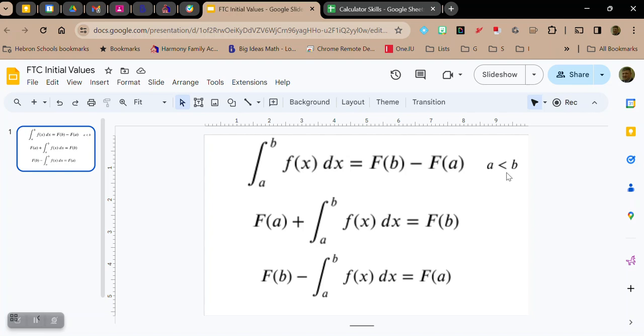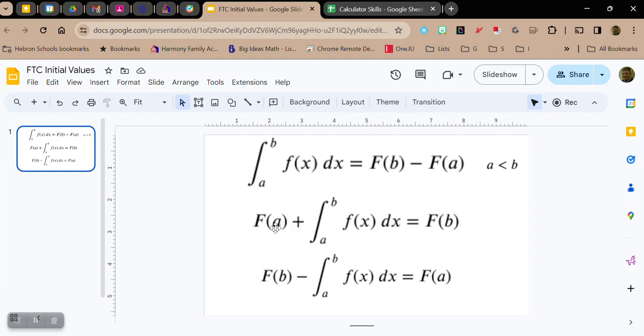And the way that this relates to initial value problems is, for an initial value problem, you're typically going to be asked to use the value at the beginning of an interval to calculate the value of a function at the end of an interval using the integral of a rate function, or using the value of the function at the end of an interval to calculate the value of the function at the beginning of an interval using the amount of change given by the integral of that rate function.